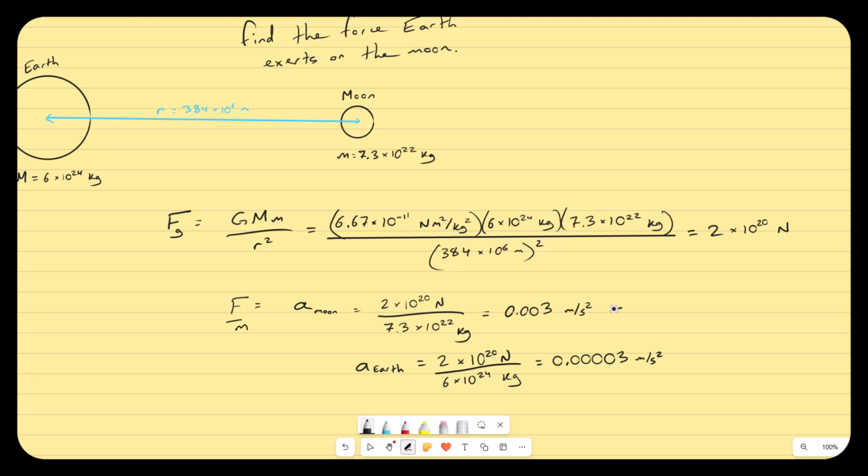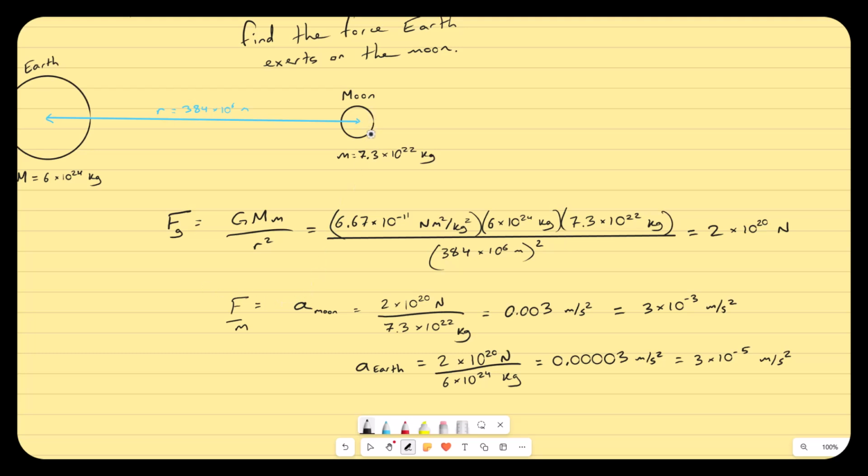These accelerations are small enough that we should be writing them in scientific notation. This is 3 times 10 to the negative fifth meters per second squared, so 30 micrometers per second squared. These are really small accelerations.